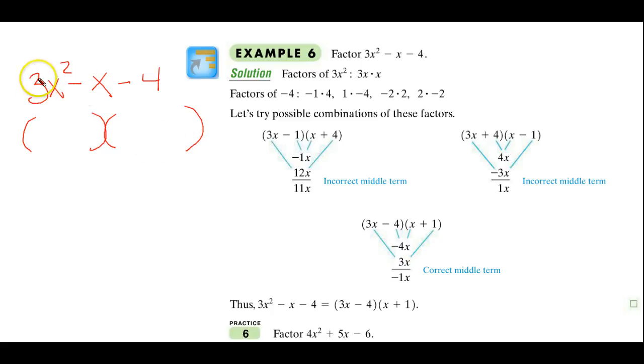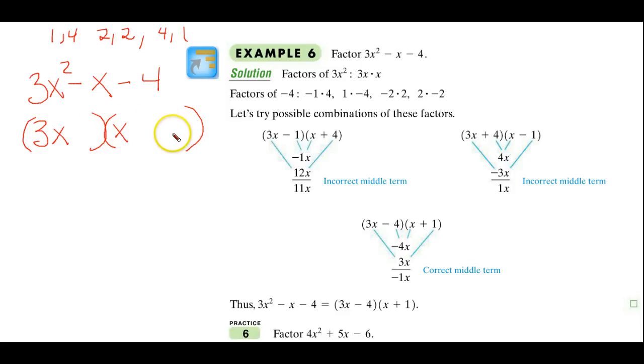Now, since our a term here is prime, that's our easy first term here. 3x and x. Now, what do we have as possible factors of 4? Well, we have a 1 and a 4, a 2 and a 2, and then a 4 and a 1. So it's just a matter of trying these, some of which you can do mentally.